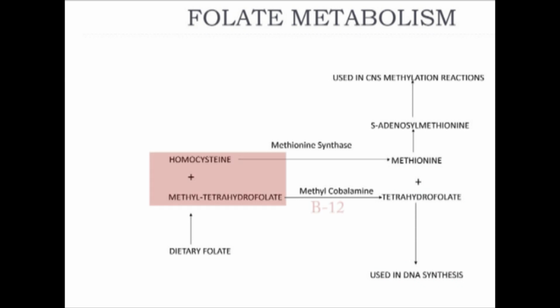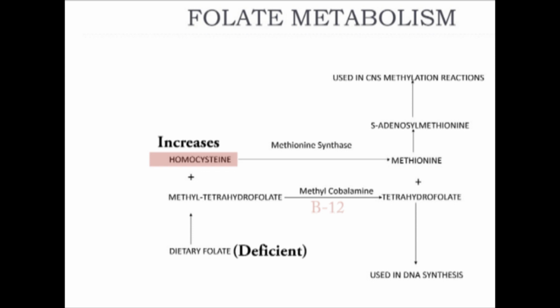It is also worth noting that methyl tetrahydrofolate plus homocysteine is necessary for methionine synthase to synthesize the amino acid methionine. Consequently, when dietary folate is deficient, then the reaction of methyl tetrahydrofolate with homocysteine can't proceed towards the synthesis of methionine.